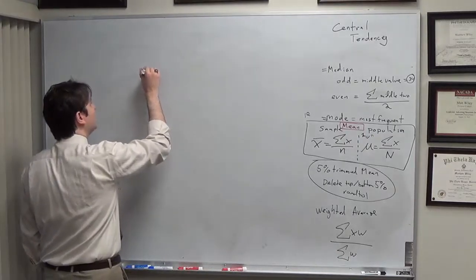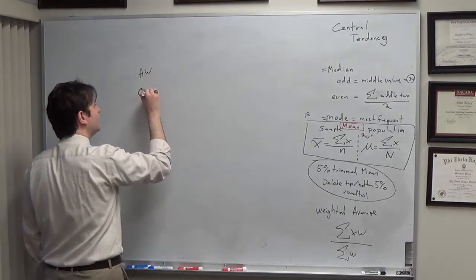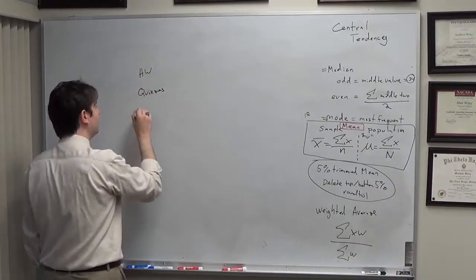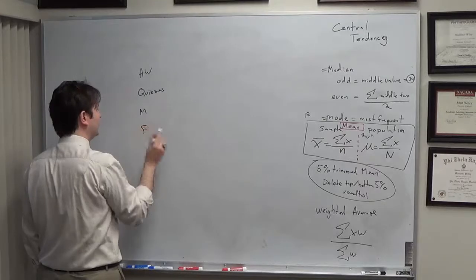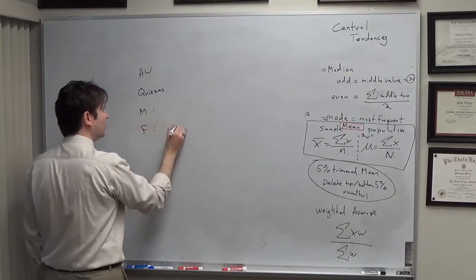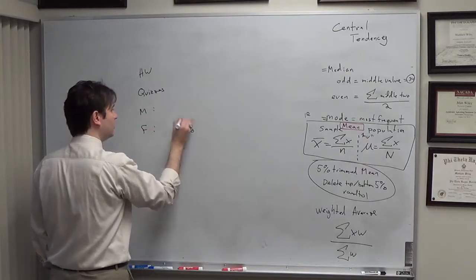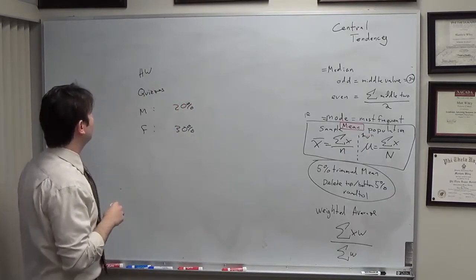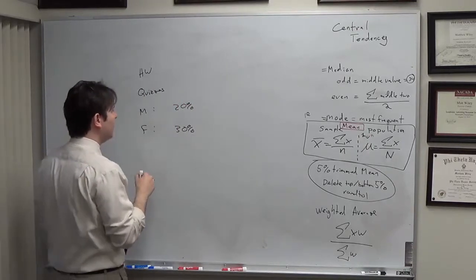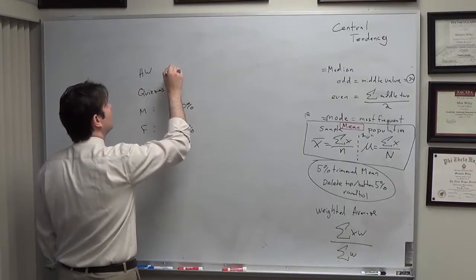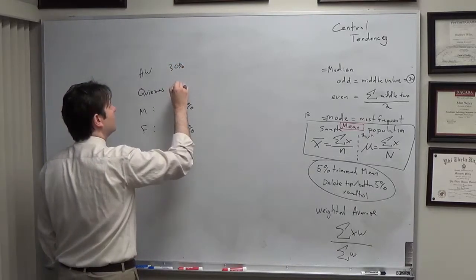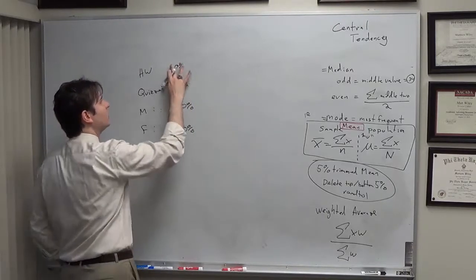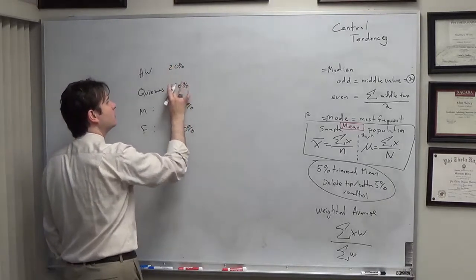I've got homework, I've got quizzes, and I also have a midterm, and I have a final. What else do I have in that class? I guess that's about it. 30, 20%, 20%. No, that's not how that one goes. It goes like this.